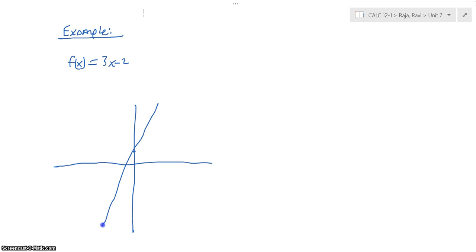Okay, so let's do a quick example now. If we have the function f of x equals 3x minus 2, and if we quickly just graph this, just roughly, it'll be something like this, if not close. If I could do a straight line.